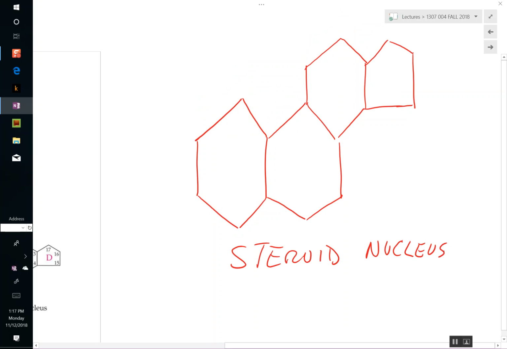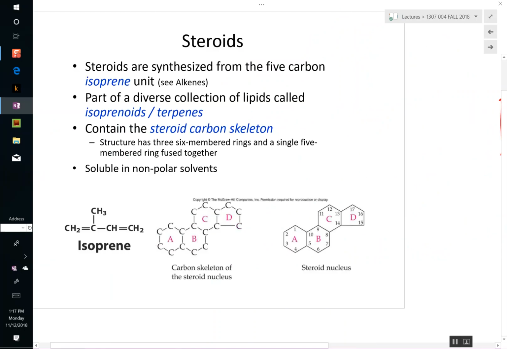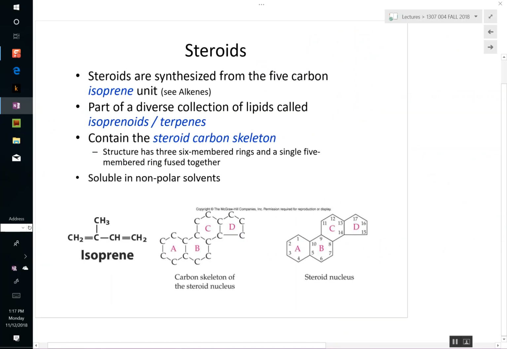I may not ask you to draw a particular steroid molecule, but I very well could, probably will, ask you to draw the steroid nucleus. So this is what we drew in that particular arrangement of rings. Now notice these two rings right here. These two carbons are in both of those rings.